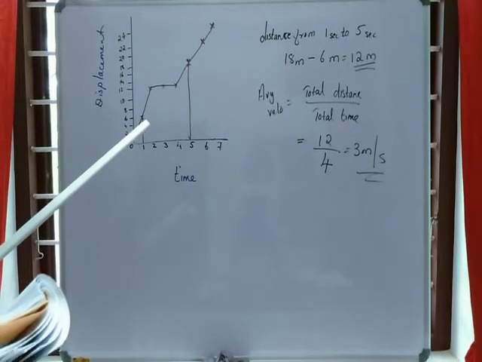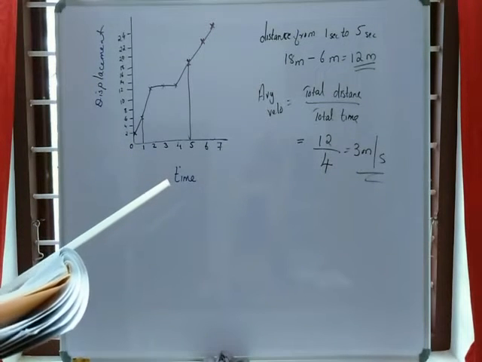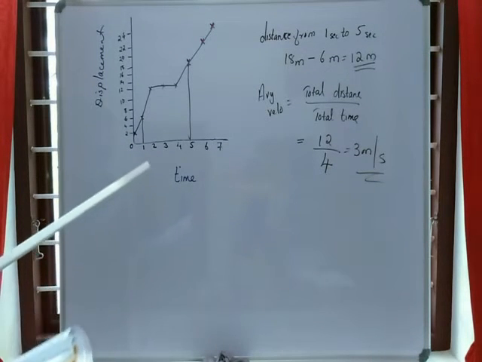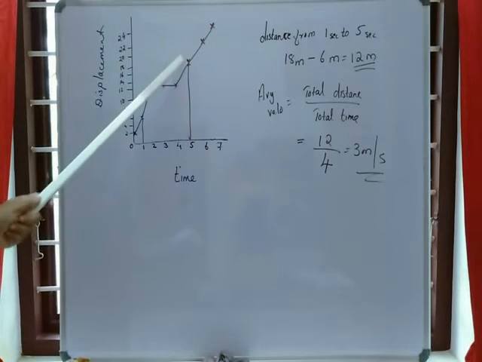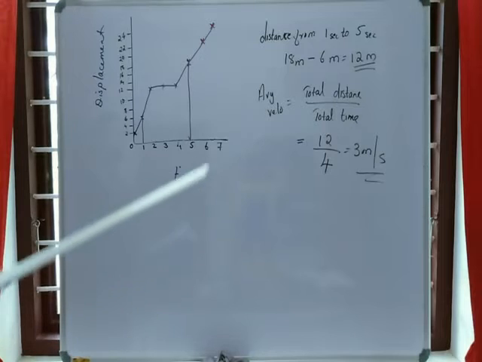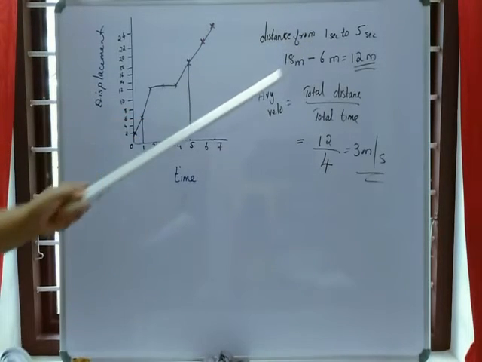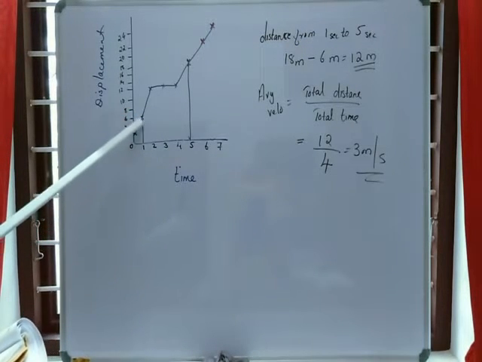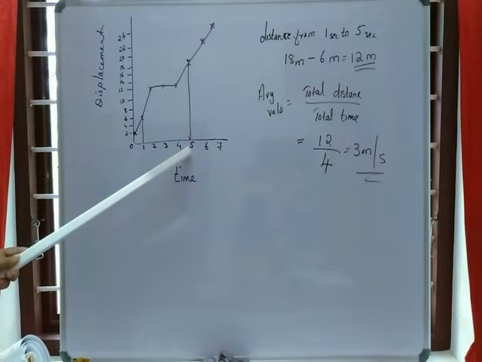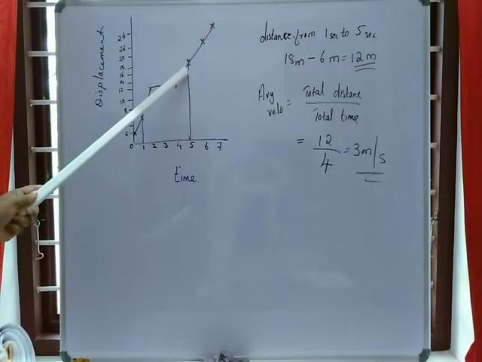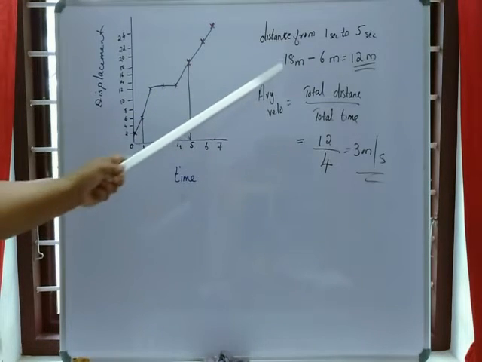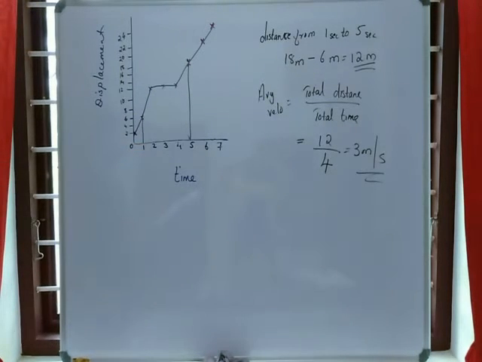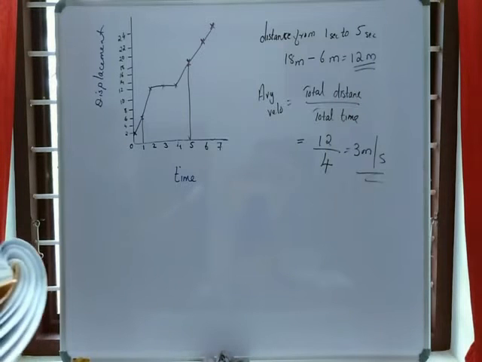So after drawing the graph, the question is total distance traveled in interval 1 to 5 seconds. At 1 second it was at 6 meter and in 5th second it was at 18 meter. So distance traveled is from 6 to 18. That is 18 meter minus 6 meter. You will get 12 meter.